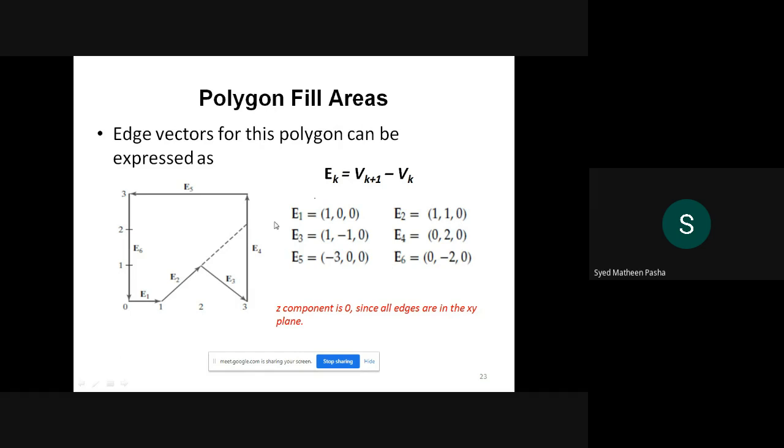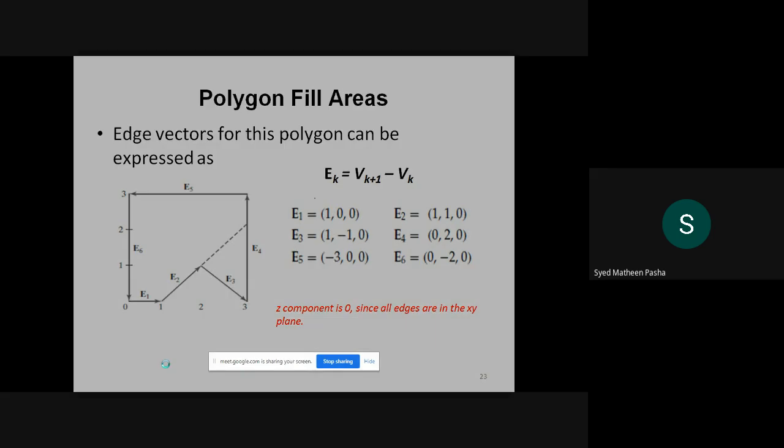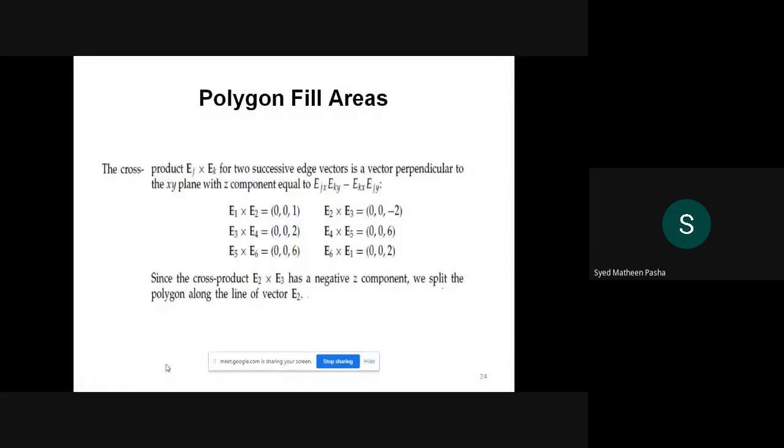Similarly, I will calculate each and every vertex of the other edges as well, till E6, till 6 edges, with respect to the xy plane. So that was the first step of calculating how a polygon is represented with respect to some vertices as well as edges.